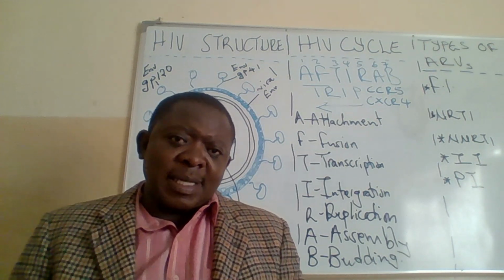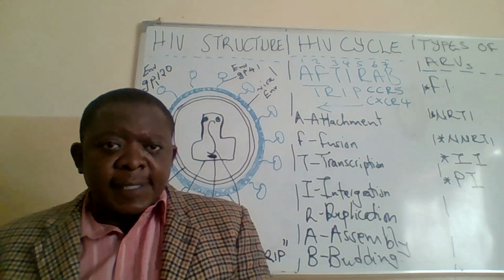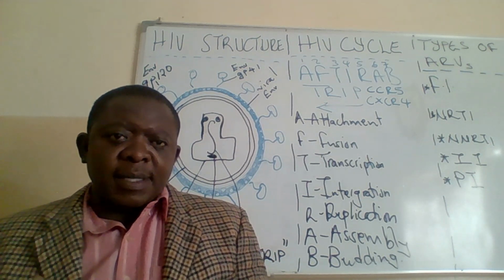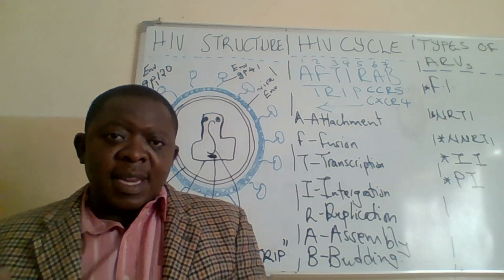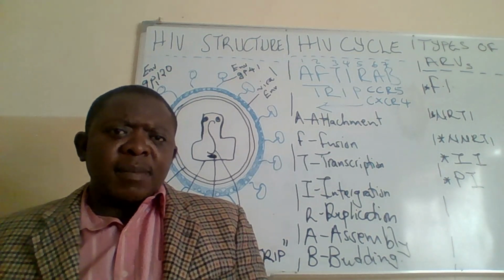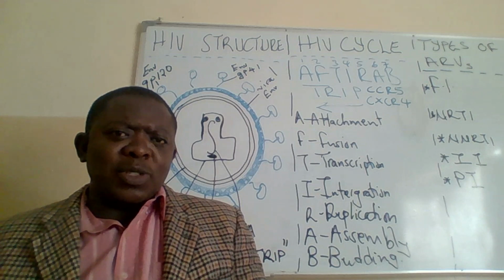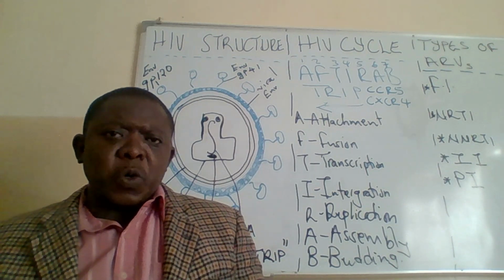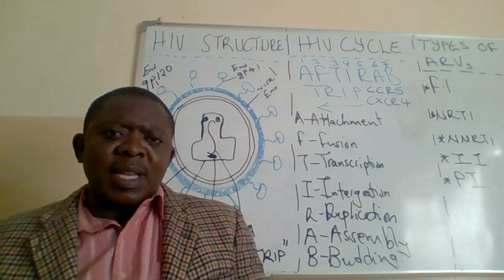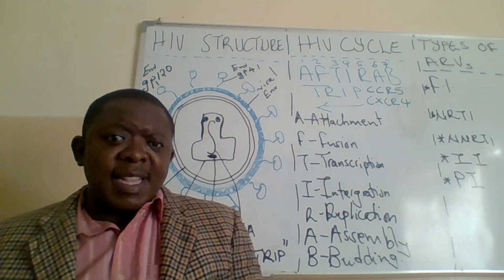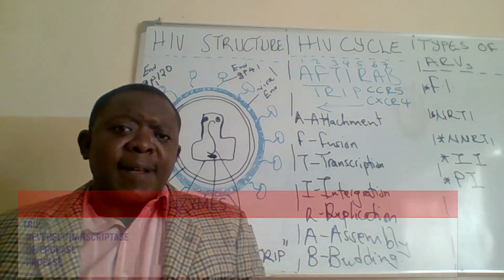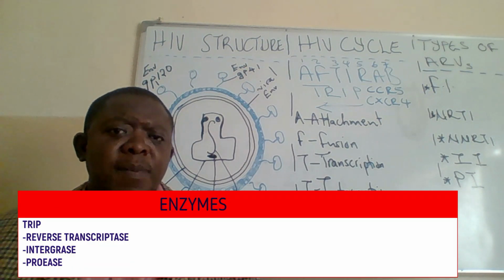Inside the virus, we have the viral RNA because the HIV virus is RNA in nature. In my drawing of the diagram, I try to show it more like there's a face inside there, with a nose and the like. The dots there are symbolizing the 3 enzymes found in HIV, and they have an acronym, which is TRIP.